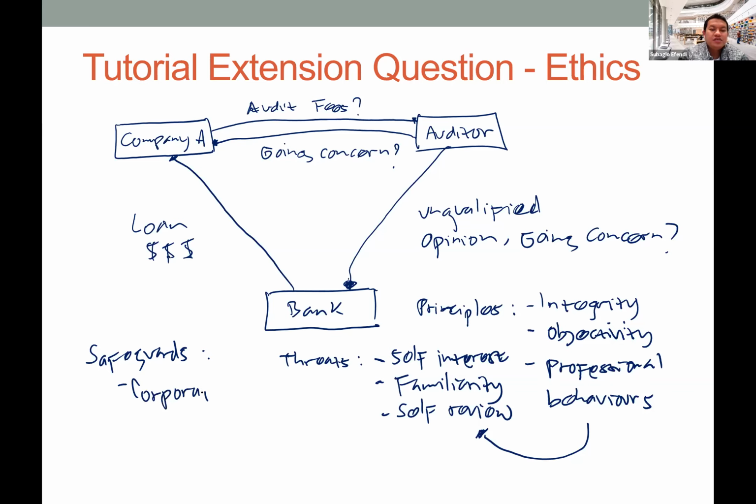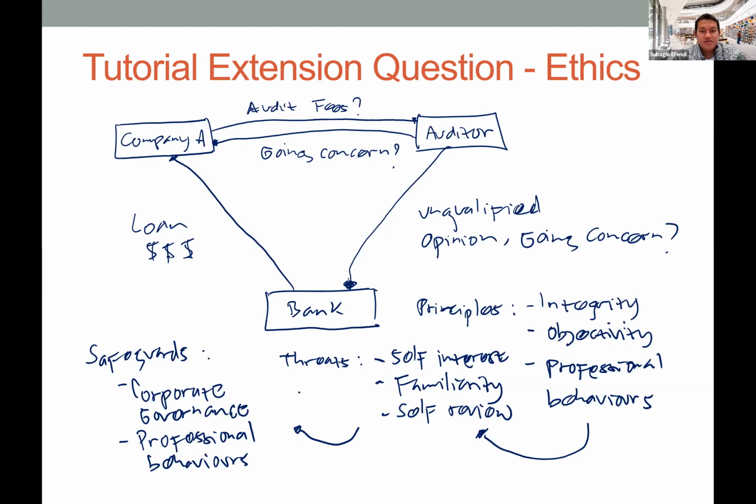Corporate governance in the bank, in the company, and in the auditor firms should be strengthened, and then the competence or the professional behavior should be strengthened. So these are the safeguards that we could propose in this case.